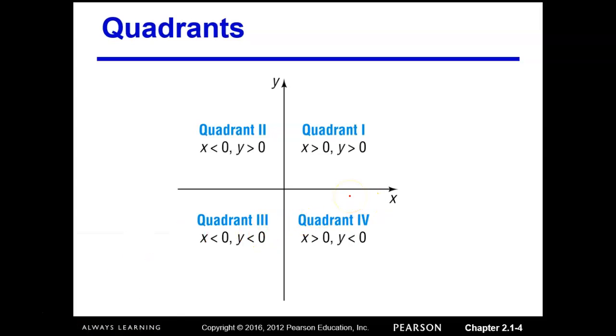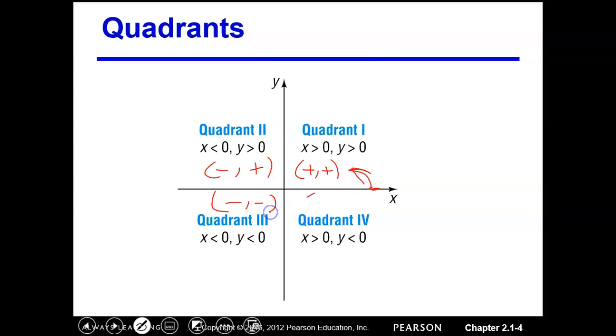We always start from the x-axis, and then we go counterclockwise. In the first quadrant, we say x is greater than 0, y is greater than 0. That means x is positive and y is positive. In quadrant 2, x is less than 0 because x is negative here, so x is negative and y is positive. In quadrant 3, both of them are negative.